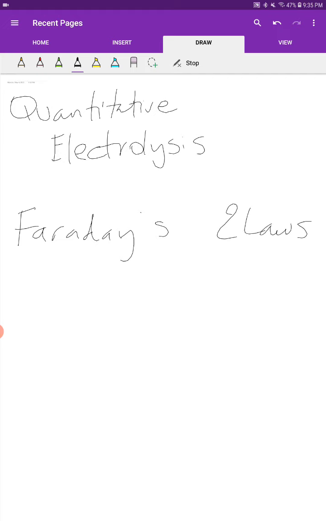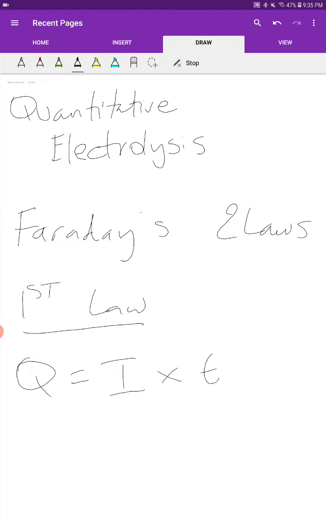Now, Faraday's first law is the simpler one, and mathematically what it says is that Q is equal to I times T. Now, what is I? What is Q? And what is T? Q represents the quantity of charge, or if you just want to simplify it, you can just say the charge.